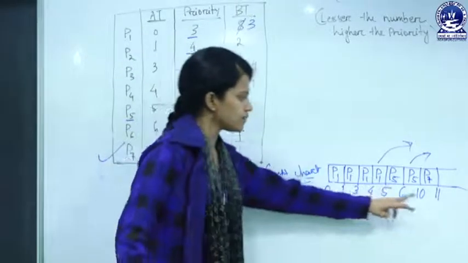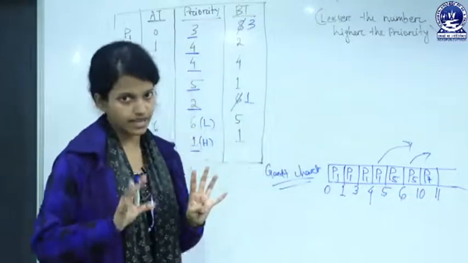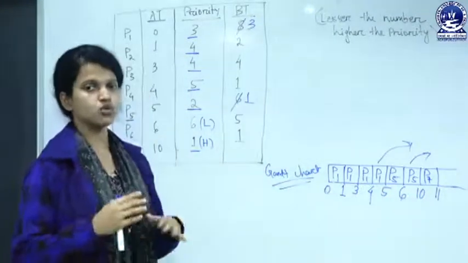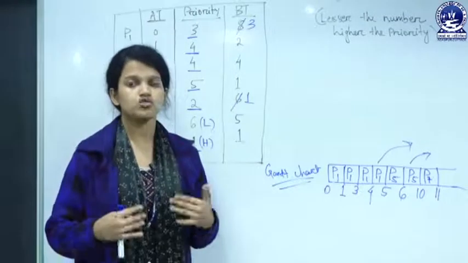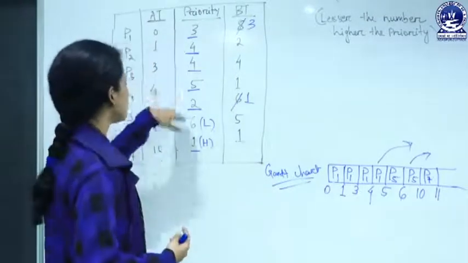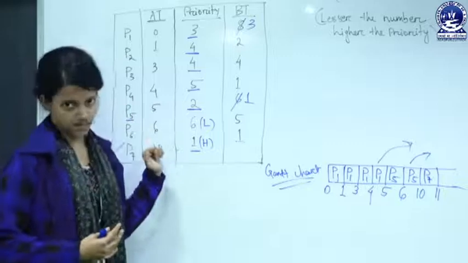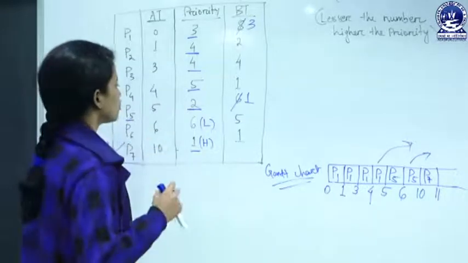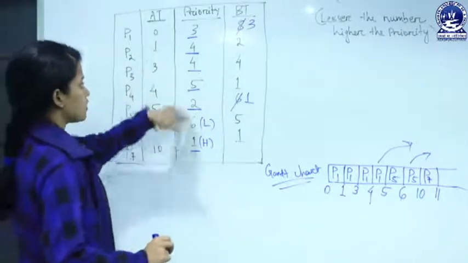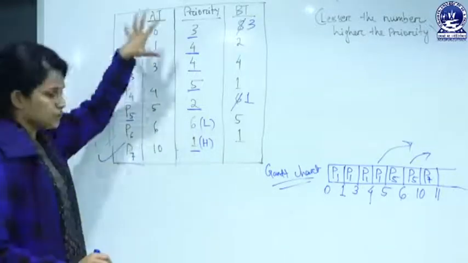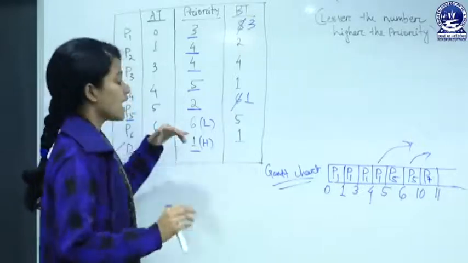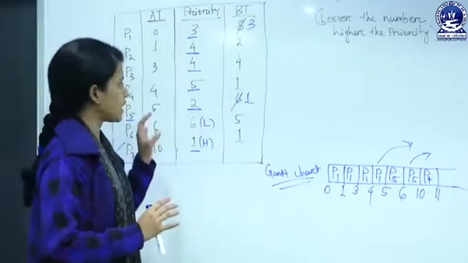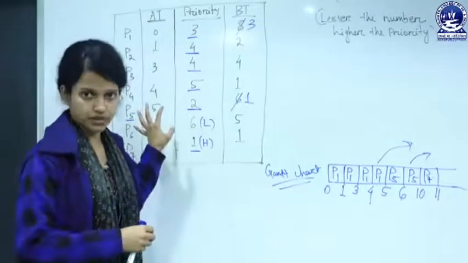So at 11 milliseconds, all the processes are in ready state and we don't have to check again and again the priority or arrival time of each and every process. We just check only the priority. Out of all available processes, we have to check only the priority, and based on the priority, CPU would be allocated to that process.